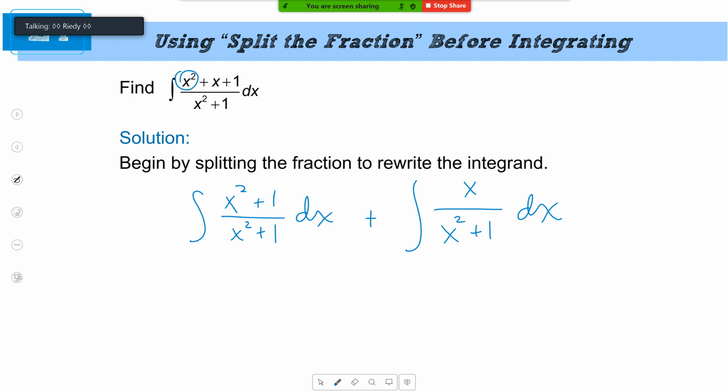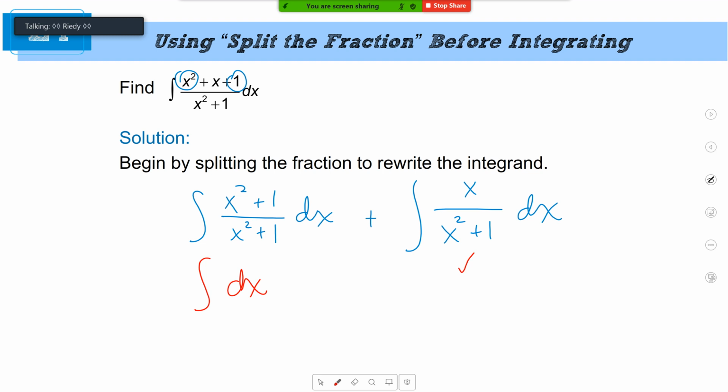I'm going to pair the x squared and the 1 together to get x squared plus 1. This we talked about already. You can do that, right? That's a u du. And this just becomes the integral of dx. Which is why I chose this as an example, because now you know.